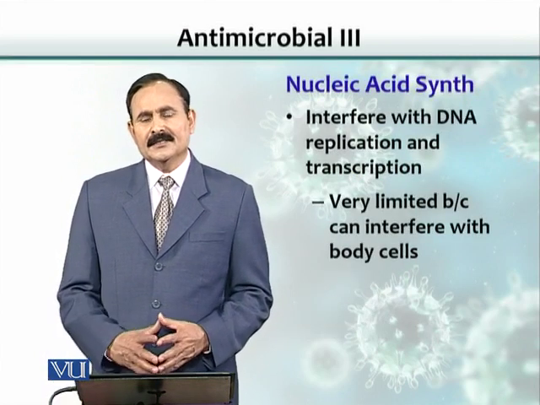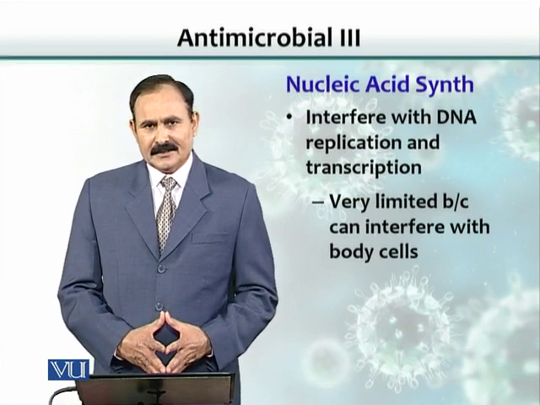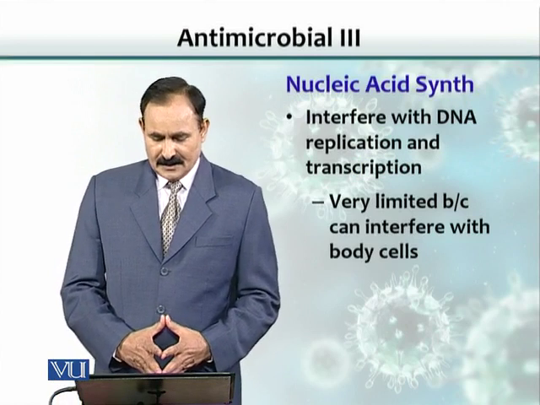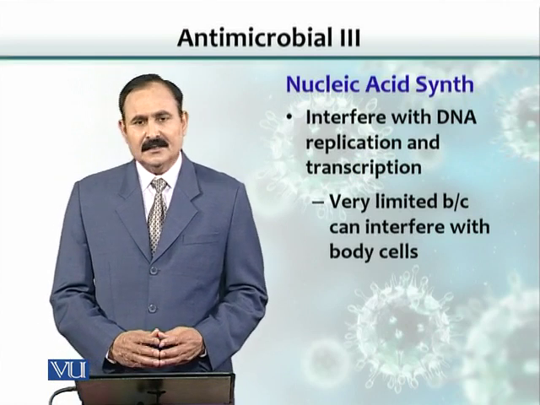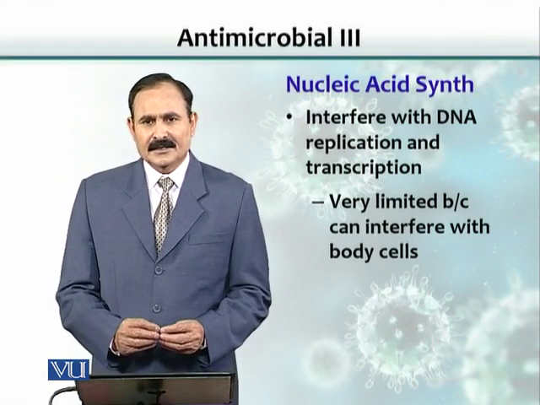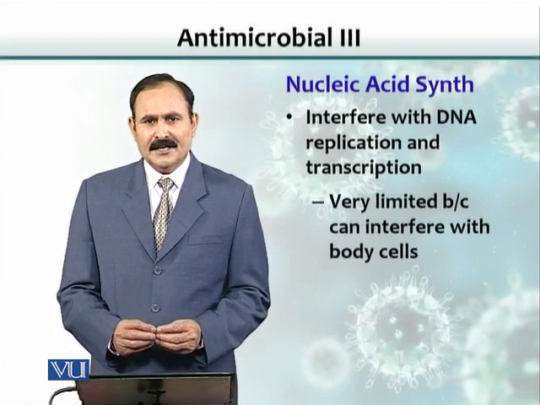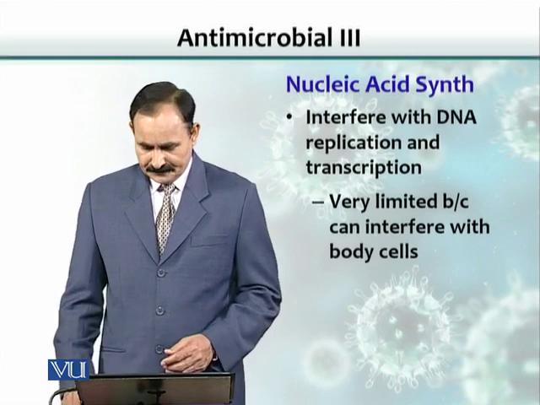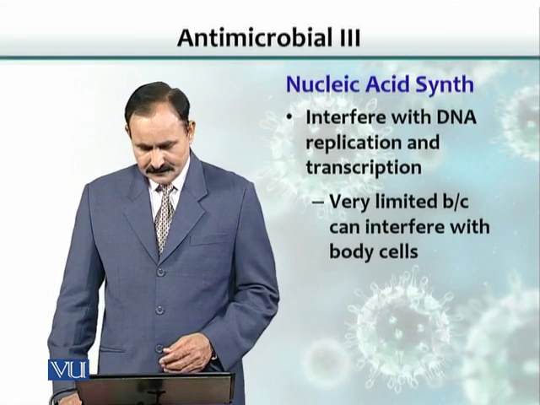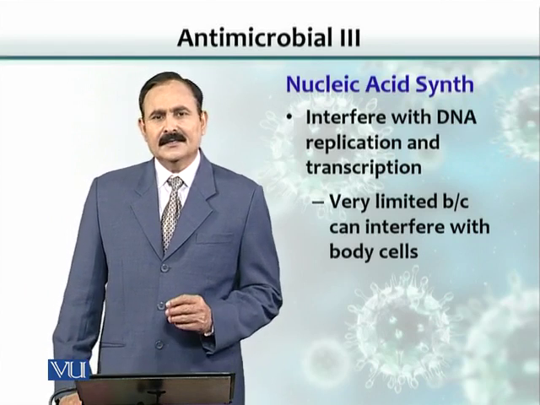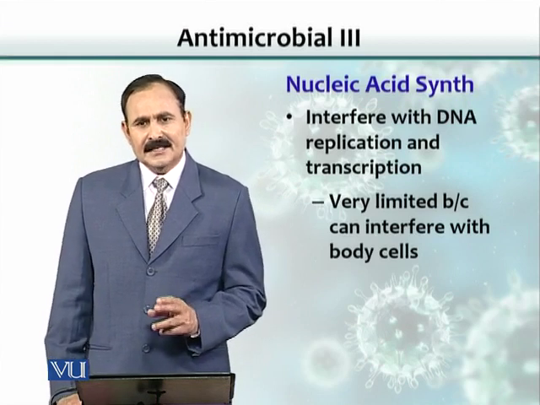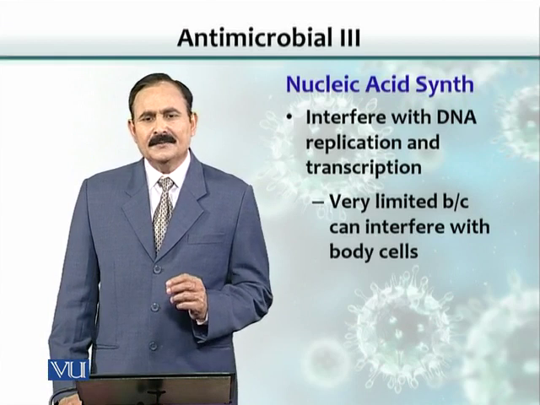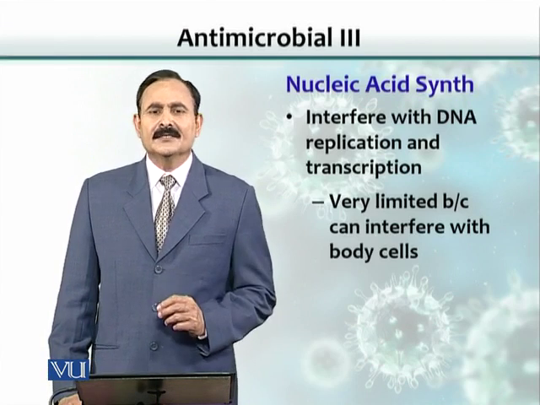Other drugs bind to the nucleic acids so that replication is retarded. Once the DNA is not able to be duplicated, there would be no division and no cell growth. But it is important to know that these antibacterials that target DNA could sometimes be toxic to the body as well.